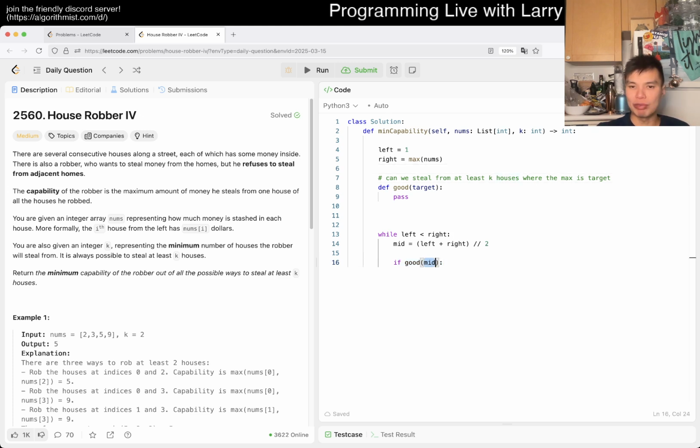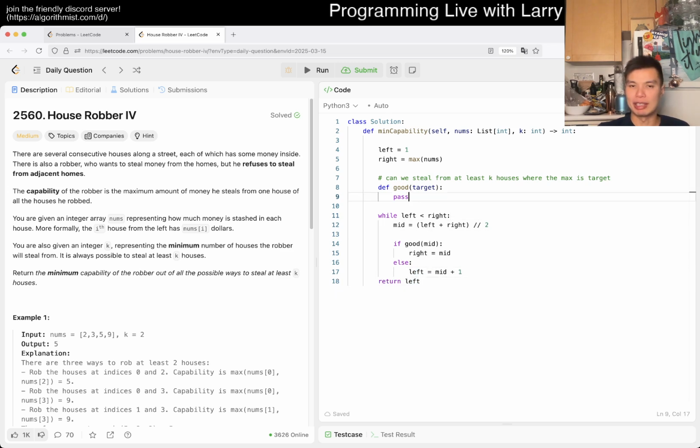And because mid is true, then we want to say right is equal to mid because of inclusive bounds. Otherwise, left has to be mid plus 1, just because mid cannot be true. So you want to skip mid, and you also want to try a bigger number because a bigger number will allow us to try it. And that's it for this part.